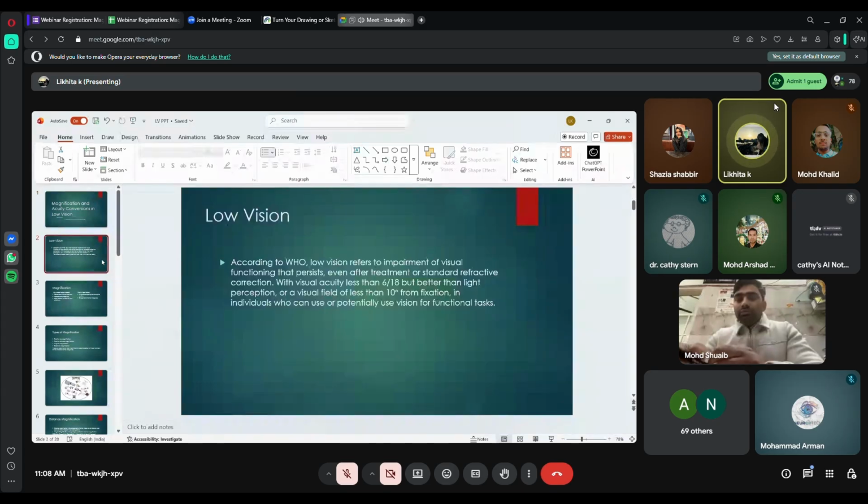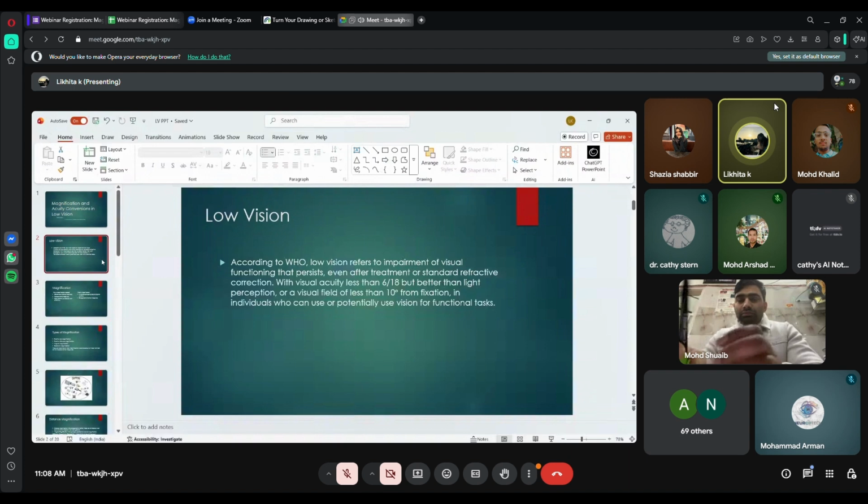So coming to low vision, as everyone knows, what is low vision? Low vision refers to a reduction in visual function which cannot be fully corrected with any kind of medical treatment, surgery, or standard refraction.